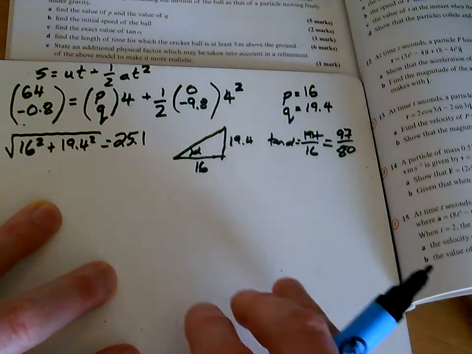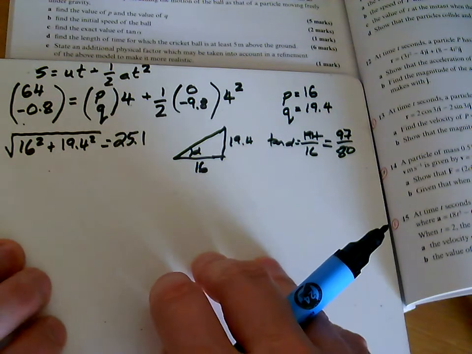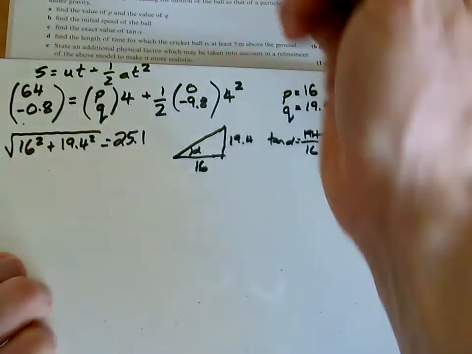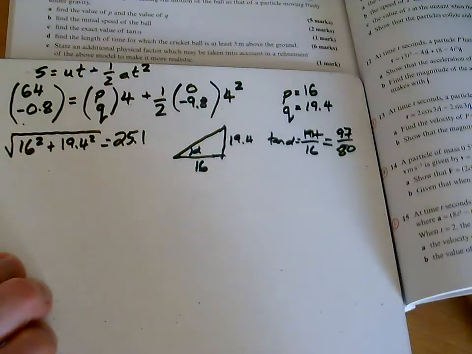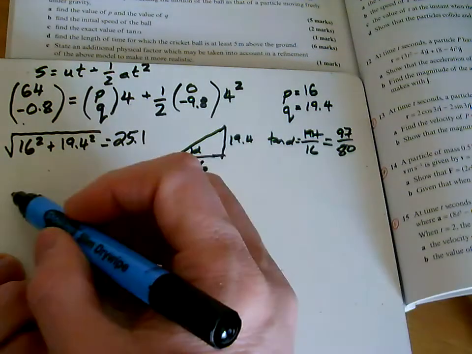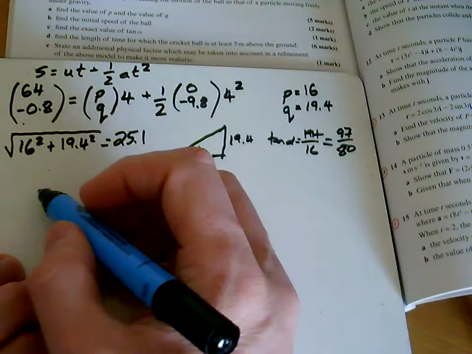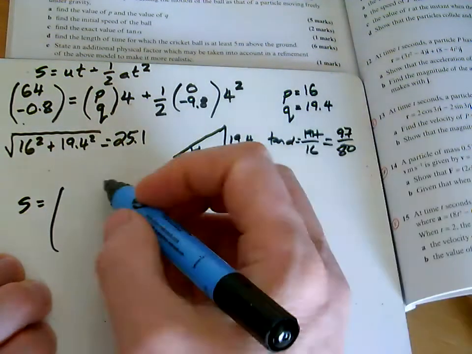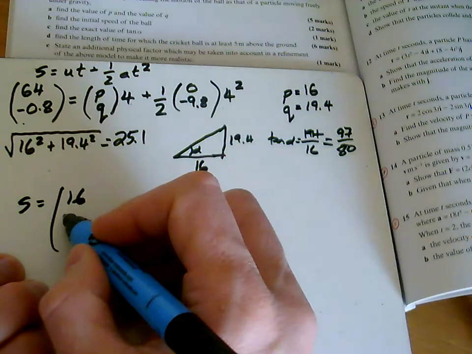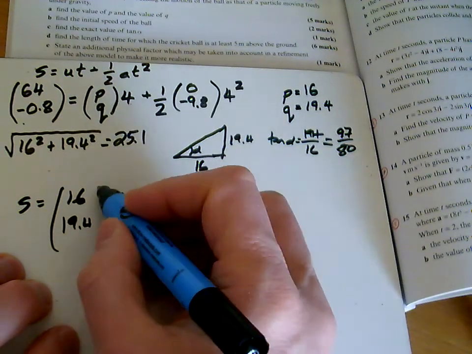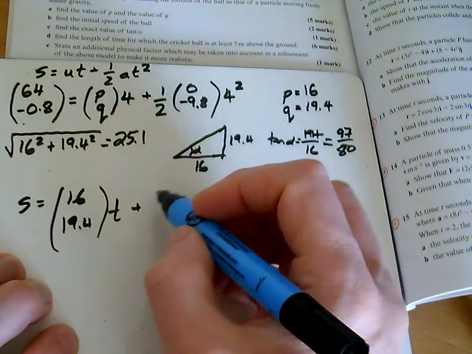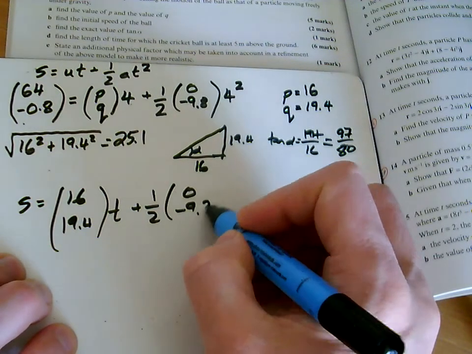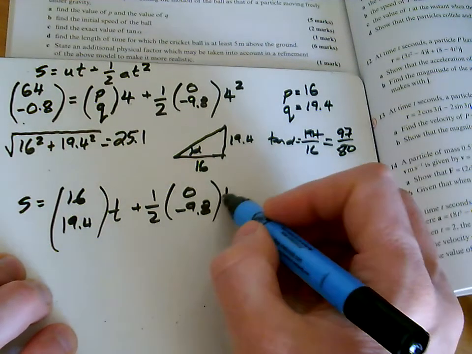Lots to do in part D as well. Part D says, for how long will it be over 5 meters above the ground? Well, we already know it's 0.8 meters above the ground to start with. So we want to know, when is this journey here? So we're now looking at an S again, but this journey now is 19.4 times t plus a half 9.8 t squared.